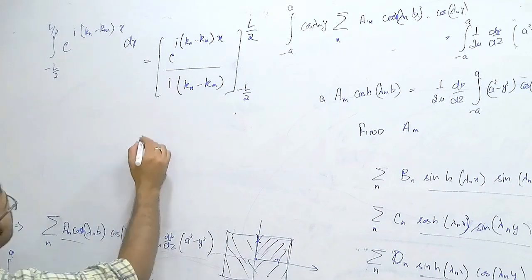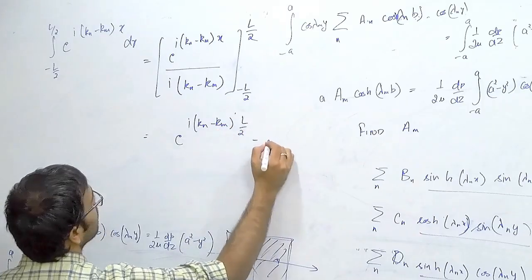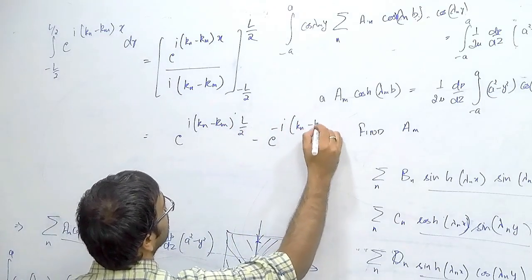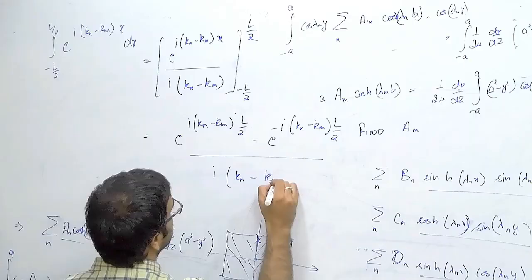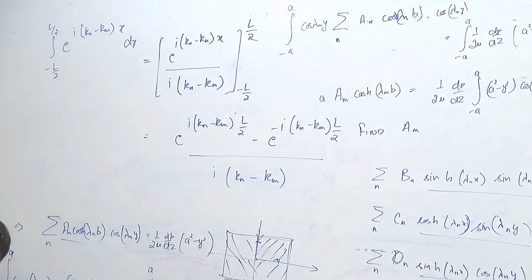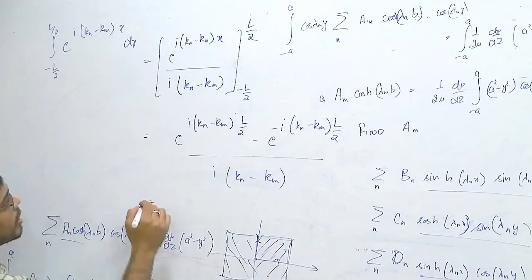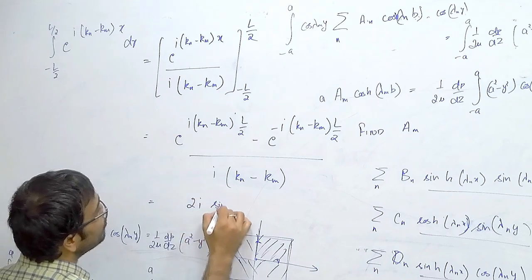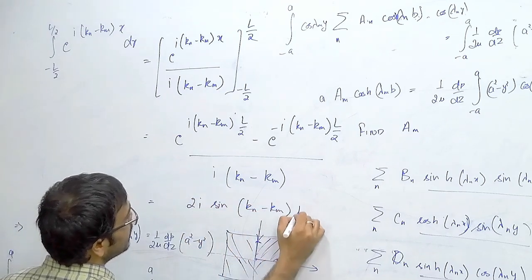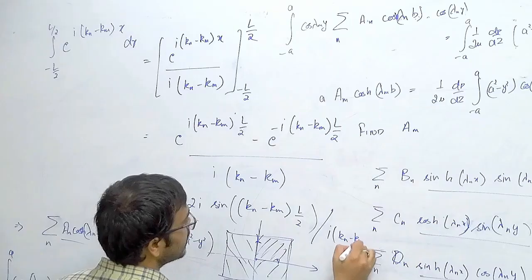Now, when we substitute it, from here you can see the numerator becomes 2i sine of kn minus km times L by 2, divided by i kn minus km.